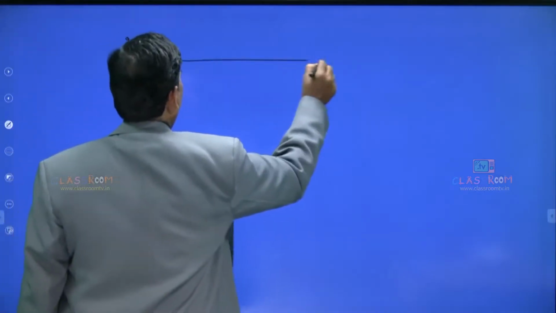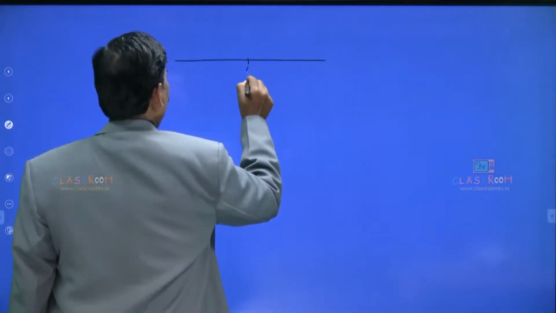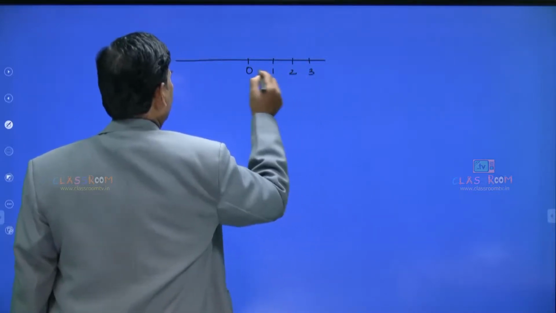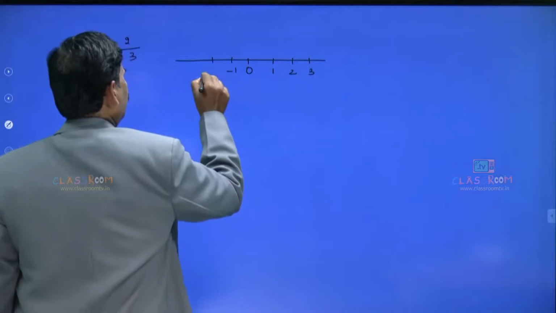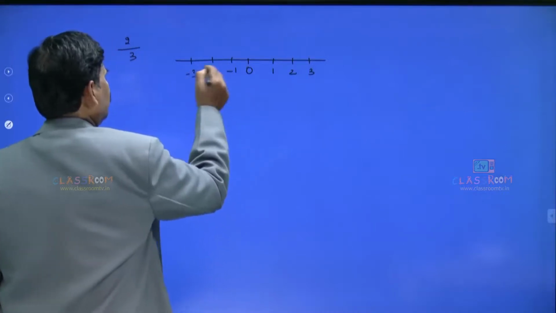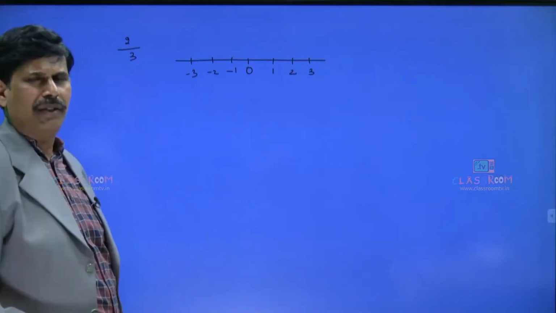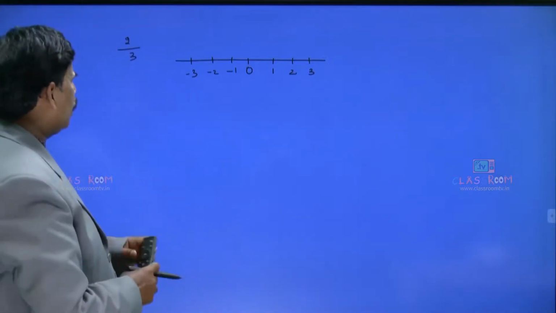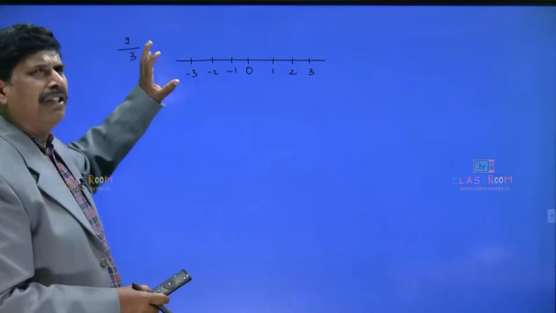So 2 by 3. This is positive, children. 0, 1, 2, 3, -1, -2, -3. The spacing must be uniform between the numbers. Now we got it just now that this value lies between 0 and 1.